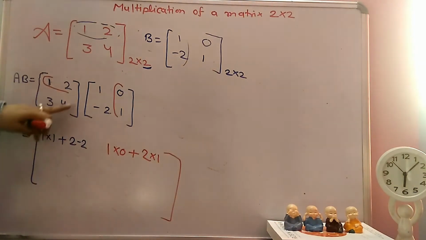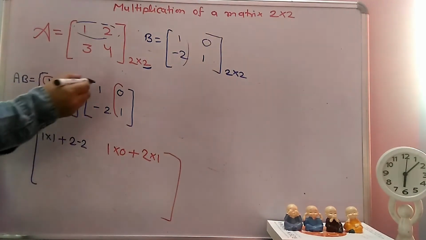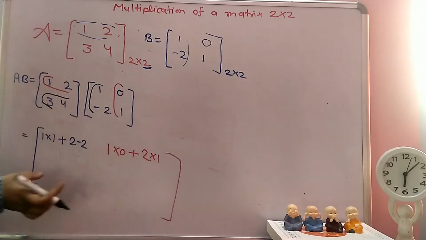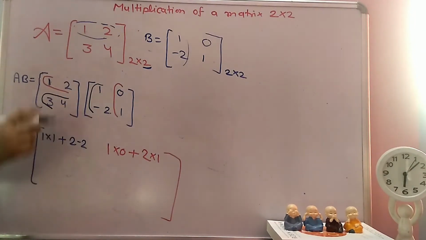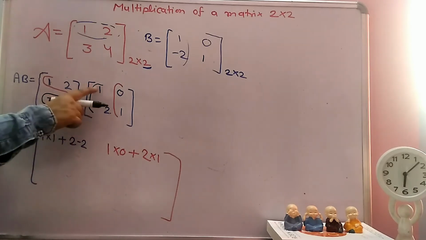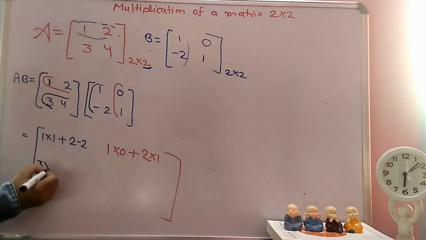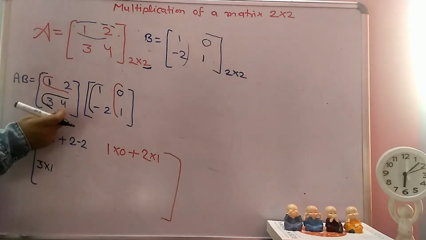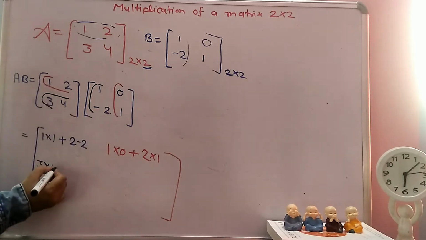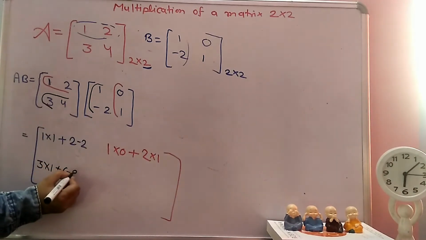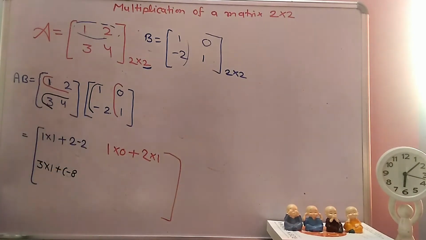Next, we take the second row of this matrix and the first column of this matrix, then we get that element. Okay, how do we multiply? 3 into 1, and add 4 into minus 2, which is minus 8. Very easy.